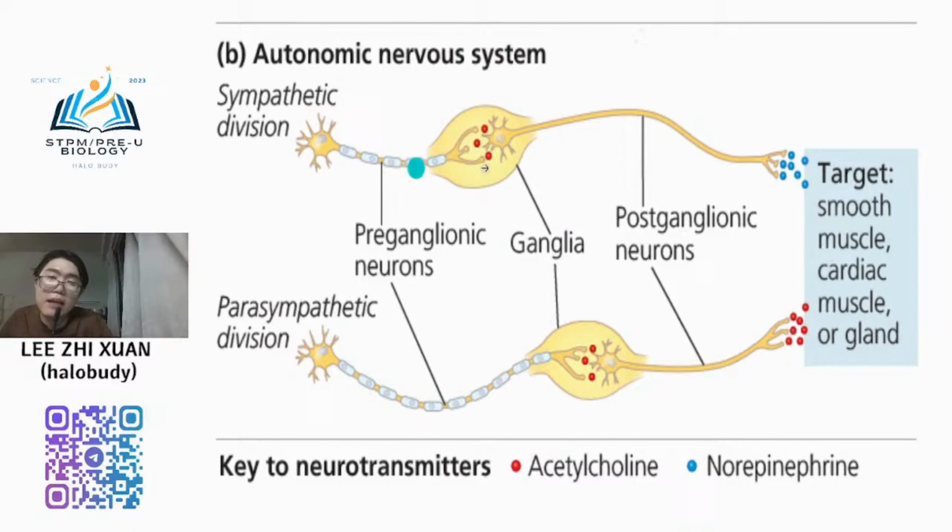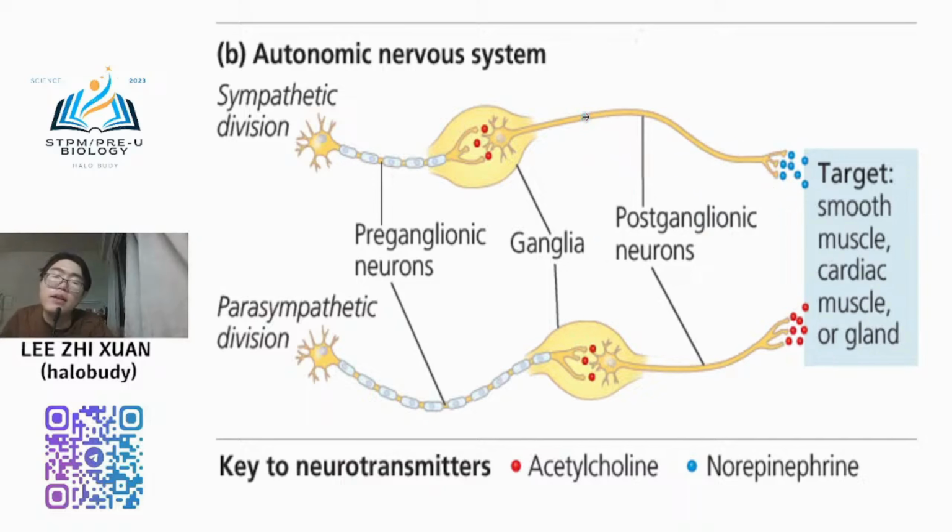Both of them are efferent neurons, but the difference is that the initial part is called the preganglionic neuron. At the center gap, the interaction between the neurons, the terminal branch and also the cell body part, we call ganglia. After the ganglia, we know it as the postganglionic neuron.